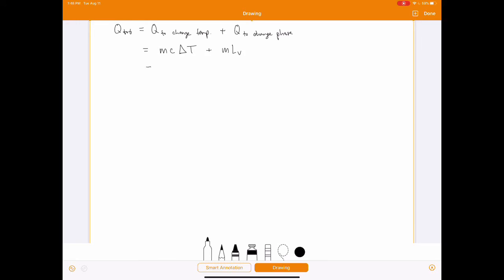So what we get is, I can take the mass and just bring it outside as a common factor, 2.75 kilograms. Then we have C, which is the specific heat of liquid water, 4,186 joules per kilogram per degree Celsius. And then we have the temperature change, which is 100 degrees Celsius to get to the boiling point.